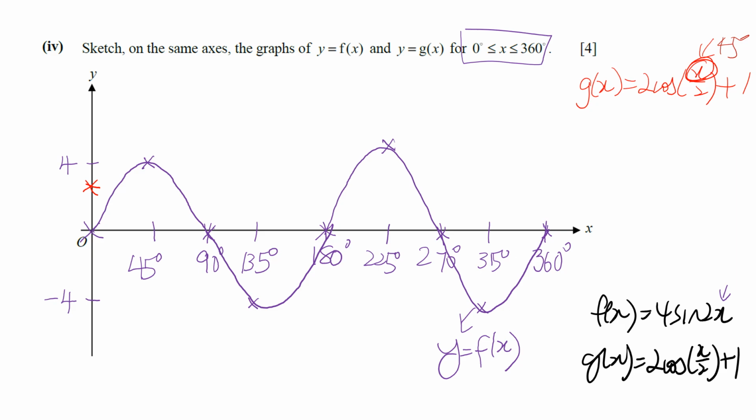Oh no, not 45, what am I talking about? Substitute 180. So that will be 2 times cosine of 180 divided by 2, plus 1, which gives 1. That's why we get the minimum value. The minimum value is 1.